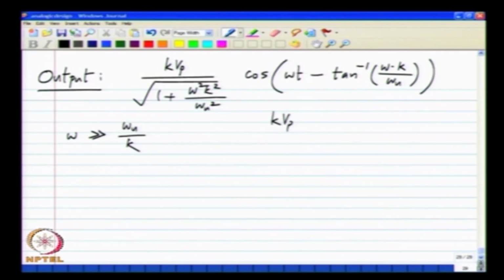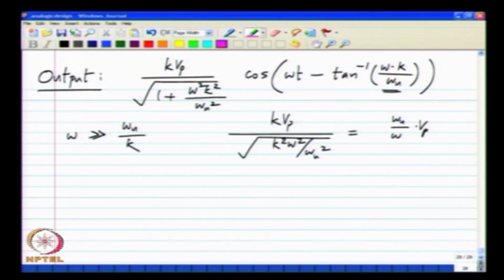We get the amplitude of the sinusoid to be kVp by k square omega square by omega u square, which is the same as omega u by omega times Vp, okay. And also you get the argument of the tan inverse to be a very large number, because we are saying that omega is much more than omega u by k.